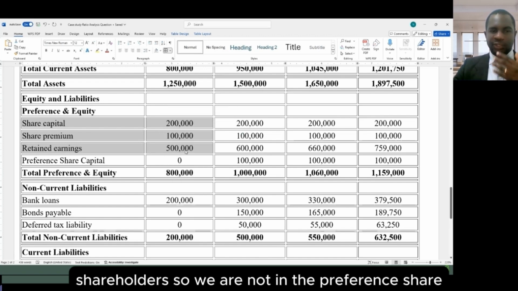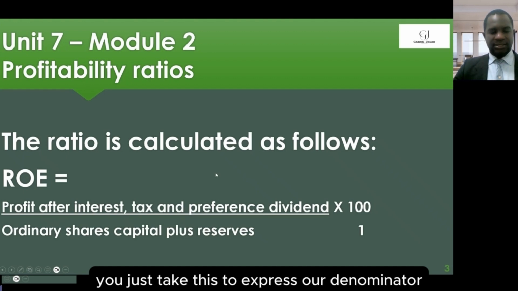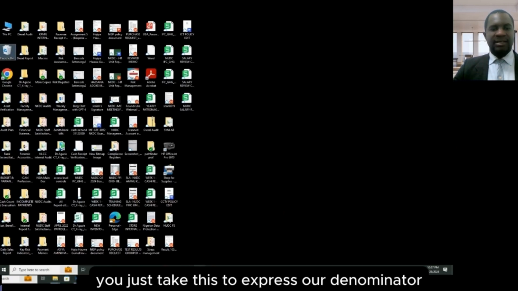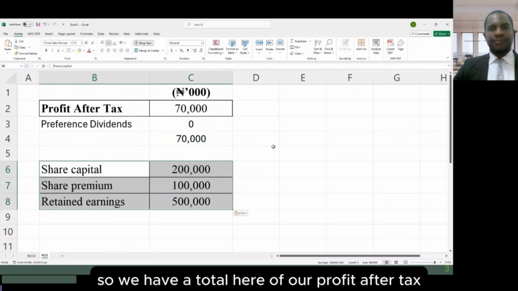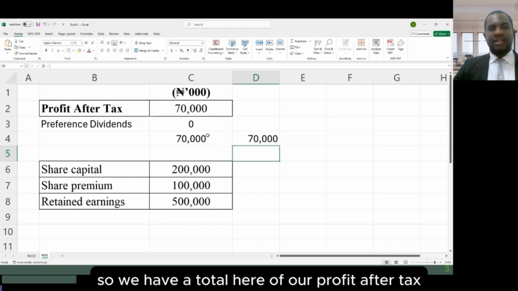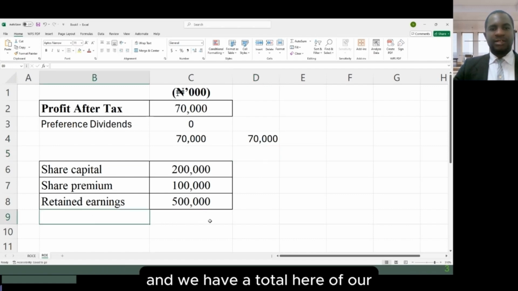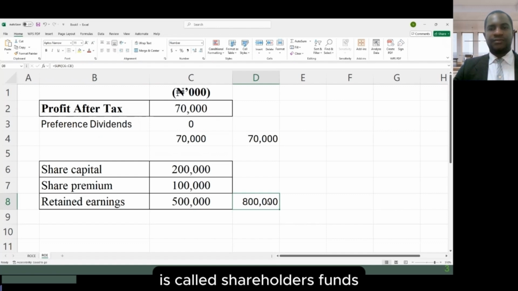We're not taking the preference shares, bank loan, or non-current liabilities, as in the case of ROCE. So we just take this to express our denominator. We have a total here of our profit after tax, and a total here of our ordinary share or shareholders' funds. It's called shareholders' funds.